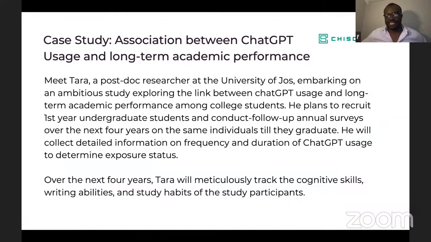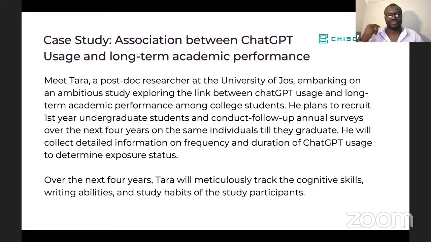All right, so let's look at the case study. Let's say we have Tara here. Tara is from University of Jos, and I'm not sure whether it's he or she, who wants to look at the relationship between ChatGPT usage and long-term academic performance among college students or undergraduates.